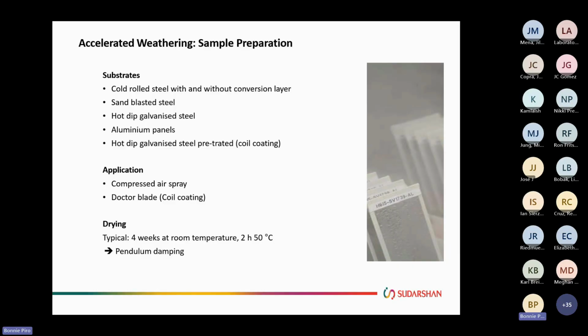We take a look at both spraying and a thicker film via a doctor blade to mimic what might happen in a coil coating process. And then we go through the various scenarios for drying and running the testing.